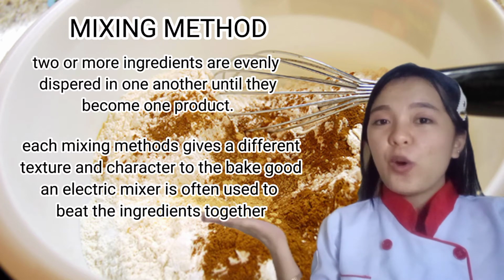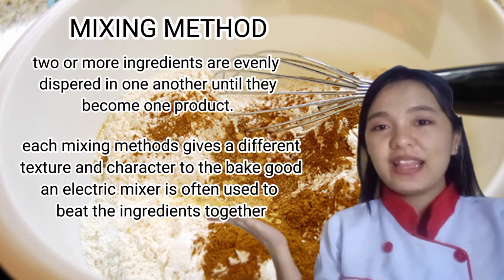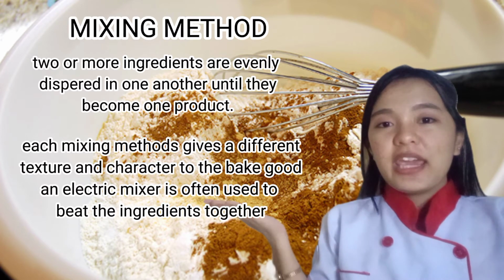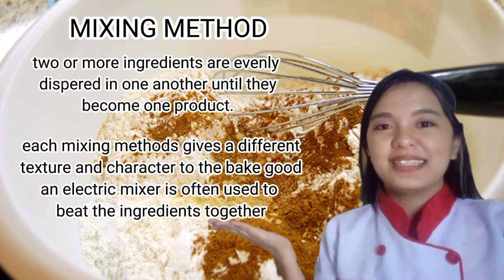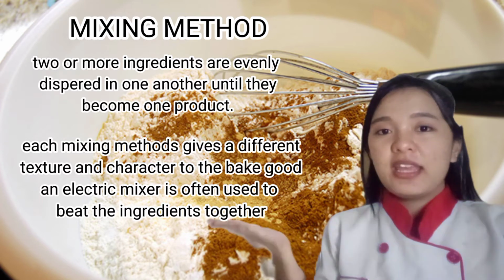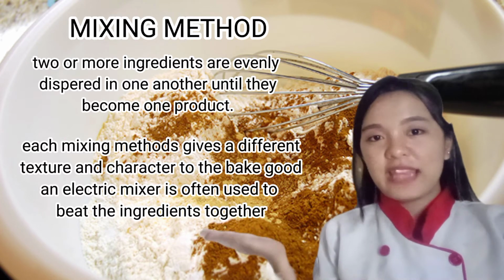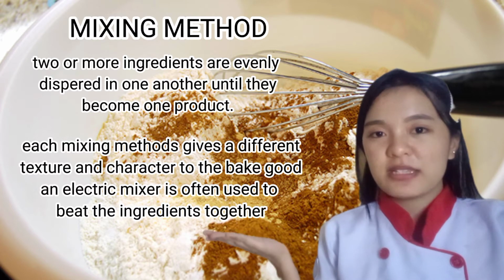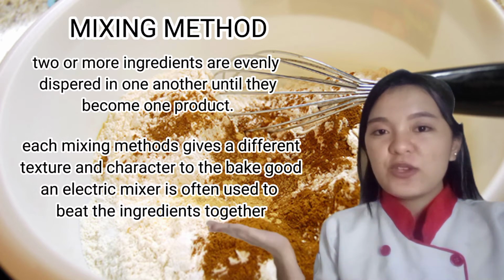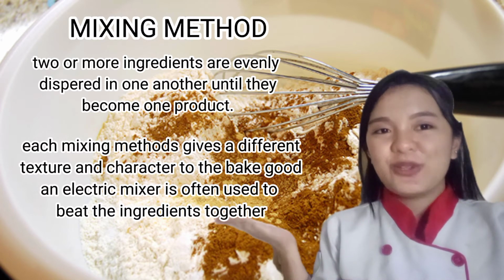Mixing method: two or more ingredients are evenly dispersed in one another until they become one product. Each mixing method gives a different texture and character to the baked good. An electric mixer is often used to beat the ingredients together.